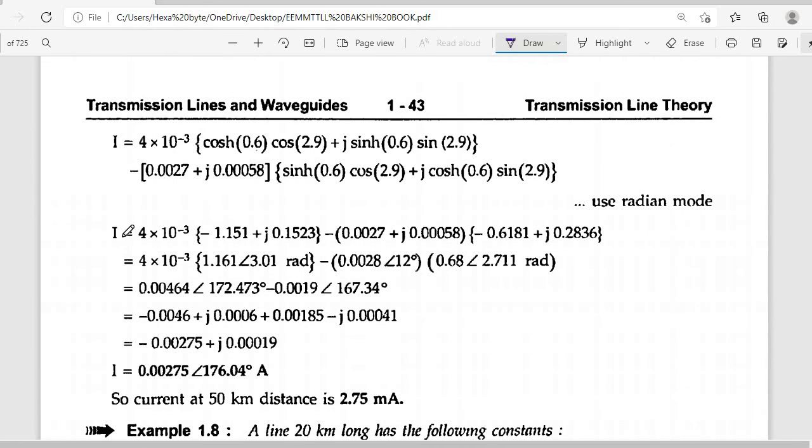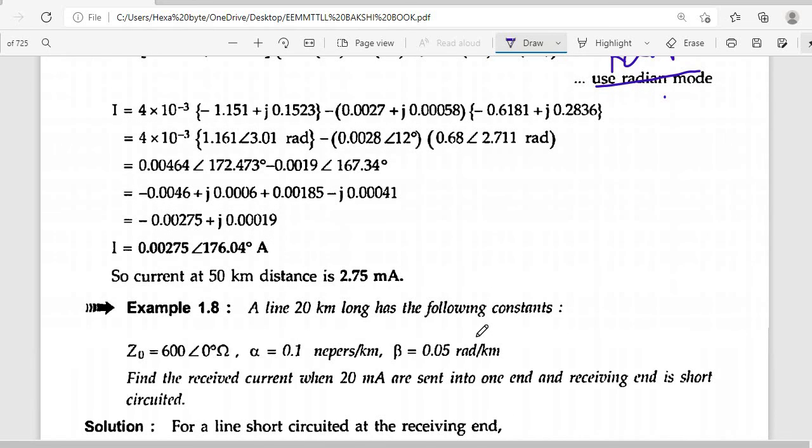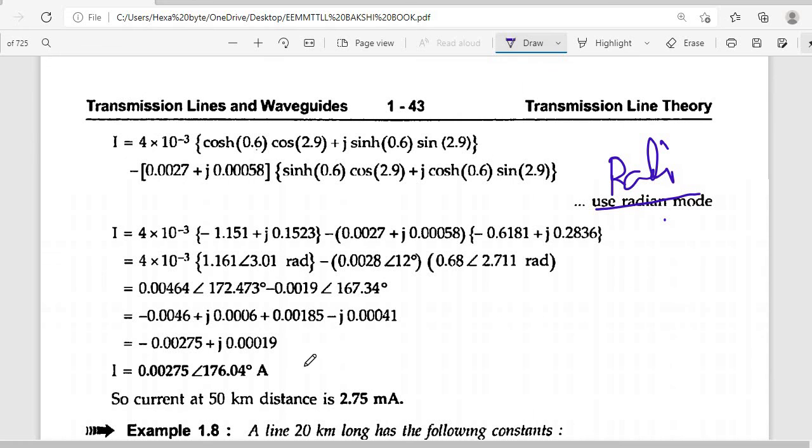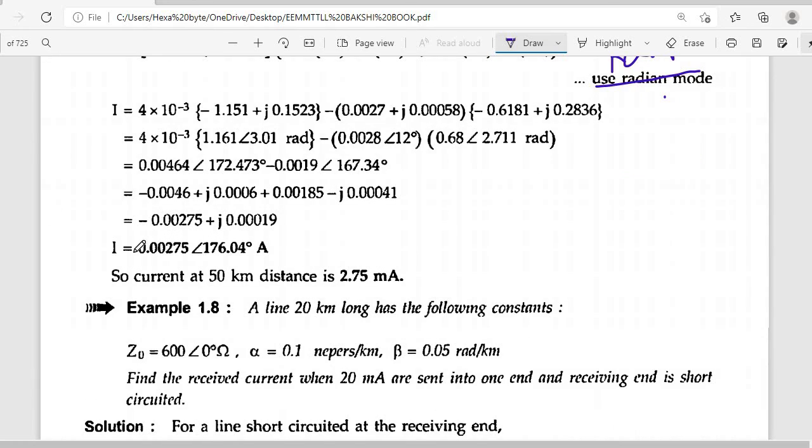Then I is equal to, substitute all those values. Use radian mode, in terms of radians. Or you can do it in terms of degrees also, but here they are taking radians, so again you have to convert the radians into degrees. Ultimately you get the degrees also in the solution. So the current I is equal to 0.000275 at an angle of 176.04 degrees amps.